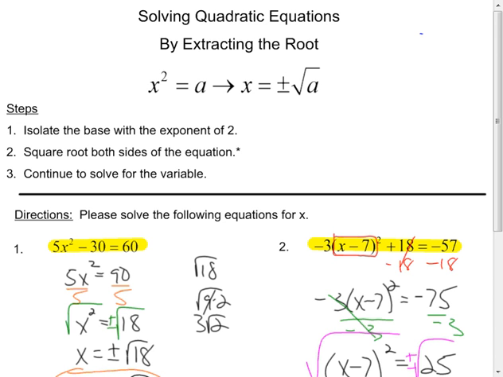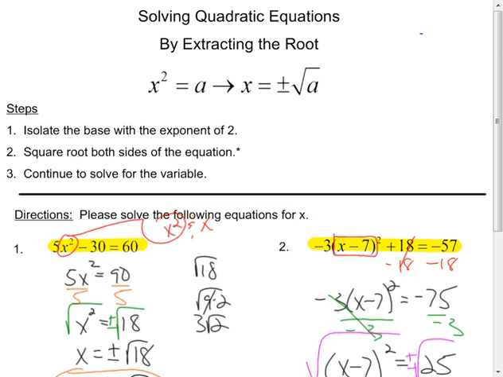Both of them just have a squared term. There's no quadratic term and linear term in either of them, which would be an x squared and an x term. If you notice, neither of these have singularly x terms. They both just have x squared terms. Here, even though it's a binomial, it's still x squared.